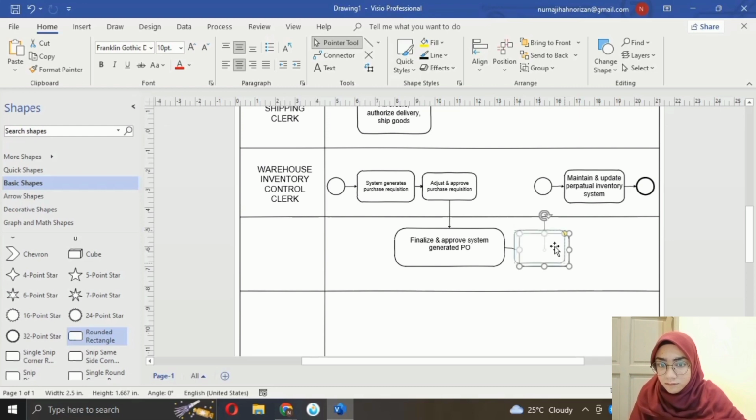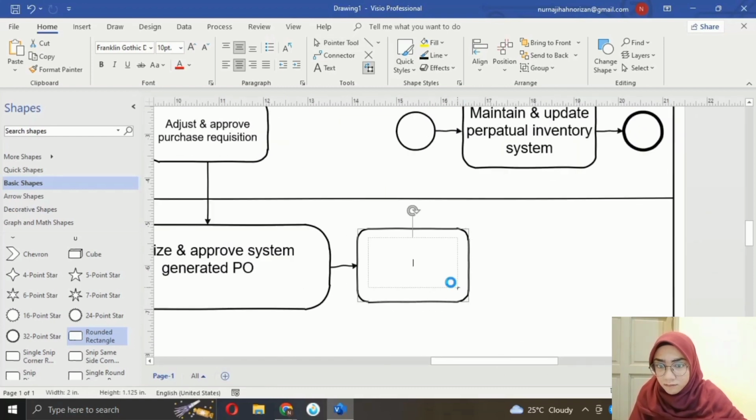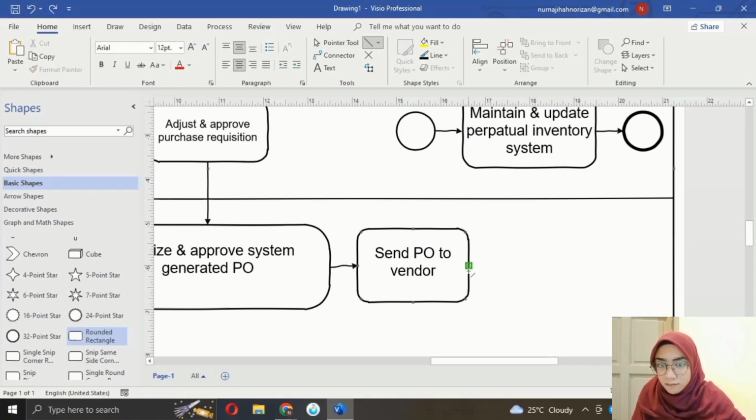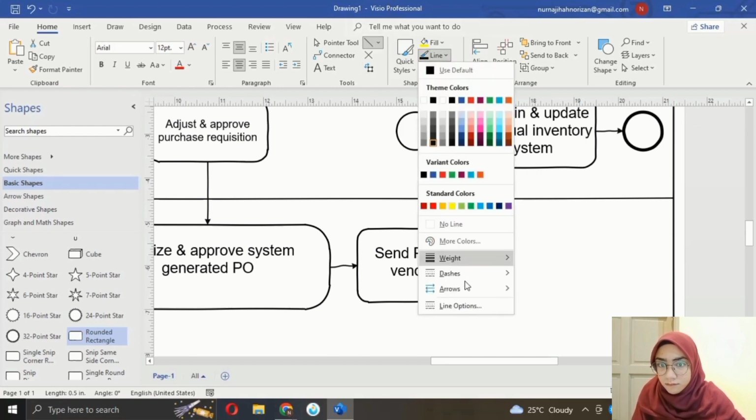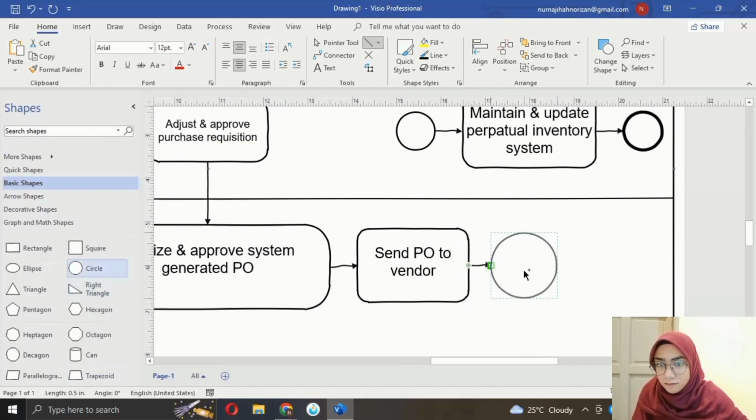In this rectangle, the explanation is send purchase order, PO, to vendor. So to end this part of the process, we make another arrow. Then we use the small bold circle to show the end of the process.